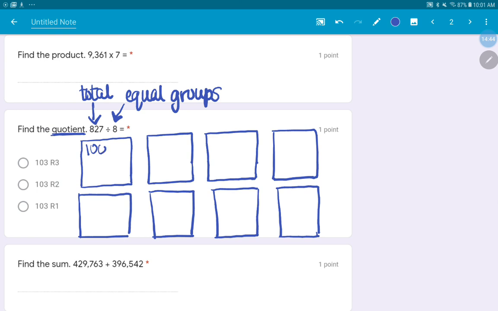If I give each group 100, there's 100, 200, 300, 400, 500, 600, 700, 800. Now how many do I have left? 27. Yeah, now I've just got 27 things to put into 8 groups.